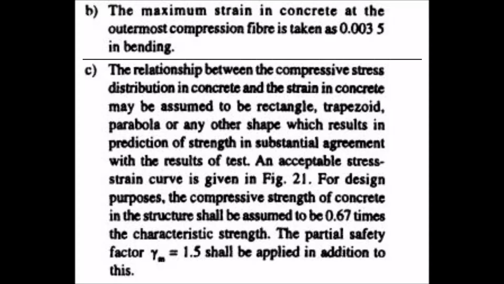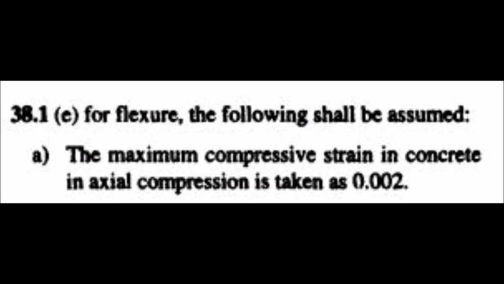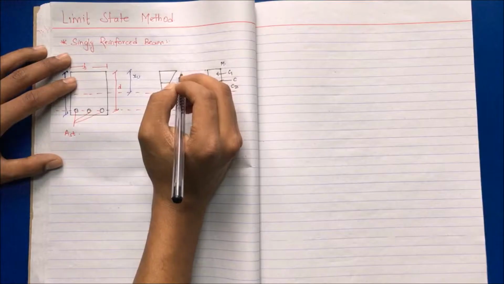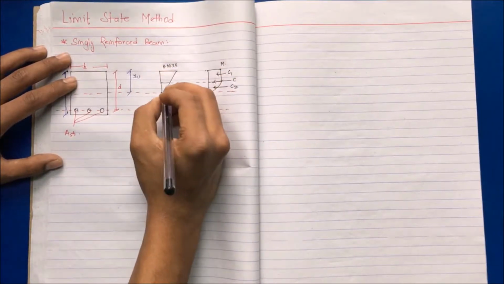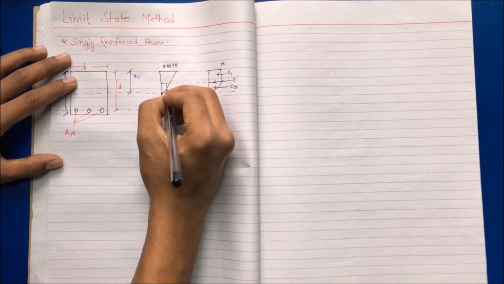You have to understand this point. The maximum strain in the concrete at the outermost compression fiber is taken as 0.0035 in bending, and the maximum compressive strain in concrete in axial compression is taken as 0.002. So now after we understand these two points, we can understand the strain profile in compression.